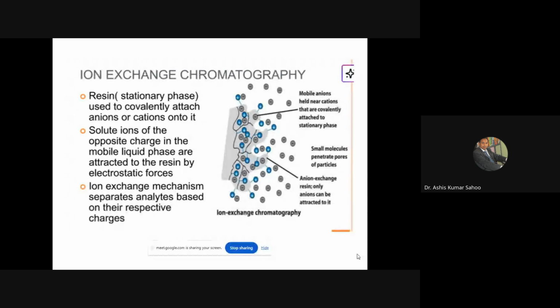Solute ions of the opposite charge in the mobile liquid phase are attracted to the resin by electrostatic force. So in the ion exchange mechanism, one ion attracts another. Here you can see we have positive and negative charges in ion exchange chromatography. Mobile anions are held near cations that are covalently attached to the system.